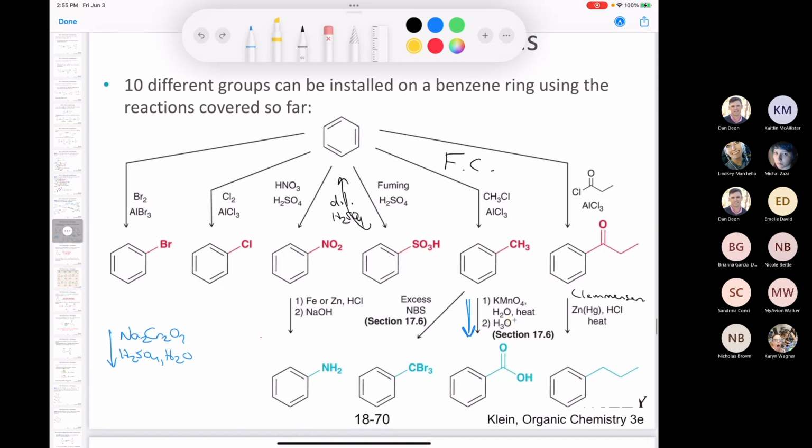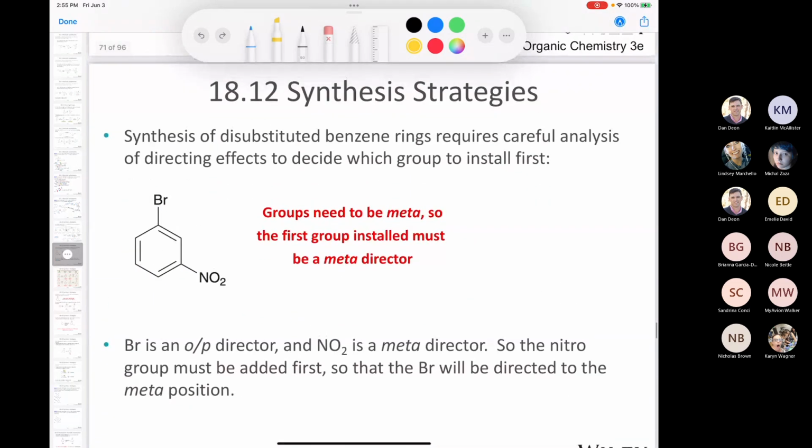And so synthesis strategies, what's a recurring theme in this class? Well, there are many of them, but you get fire hosed with a million different reactions, and then you talk about how you would use them to make something. Caitlin just brought up, what if you had two groups that are meta-substituted? You have something here that's an ortho-para director, and then you have something here that's a meta-director. What does that tell you?